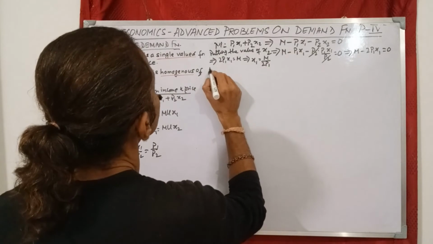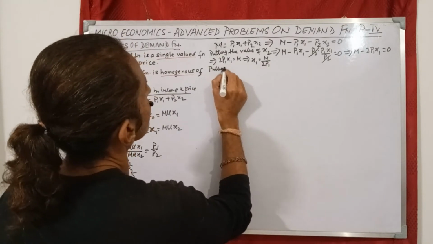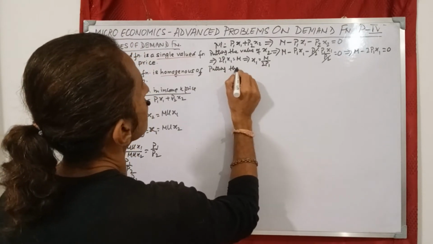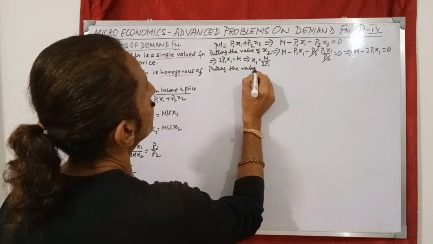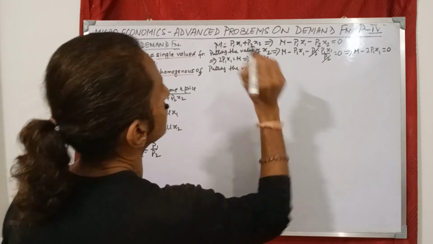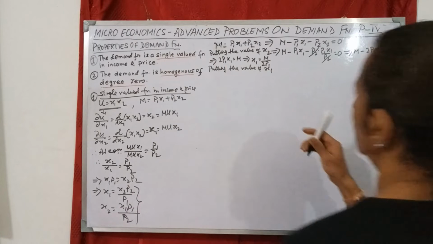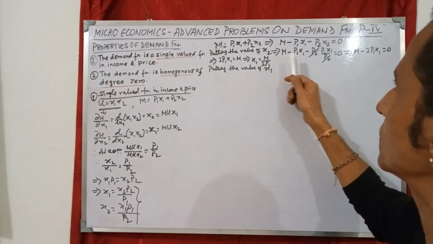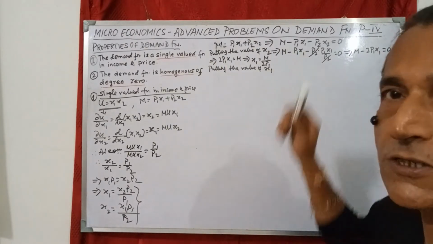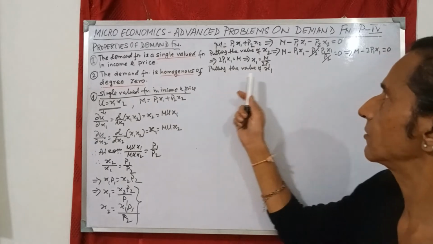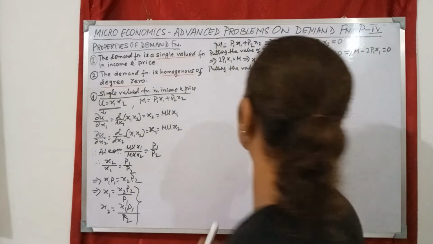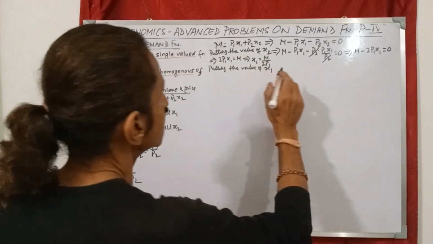Similarly, here we have put the value of x2 in the budget constraint and here we are putting the value of x1 in the budget constraint. So putting the value of x1, what do we get?